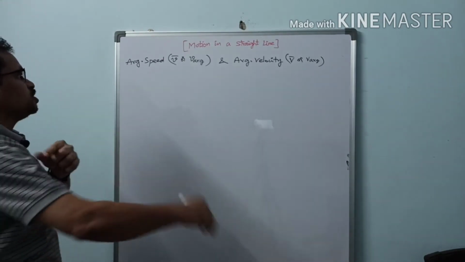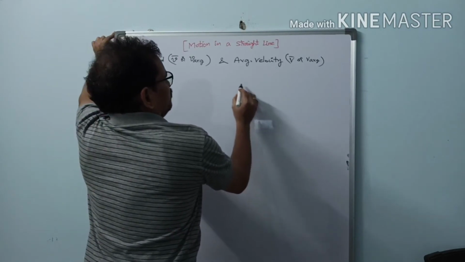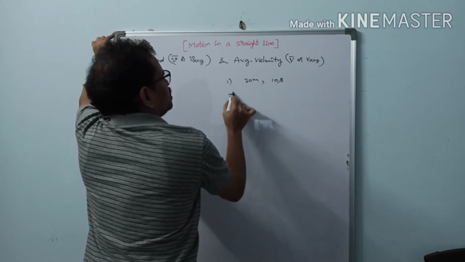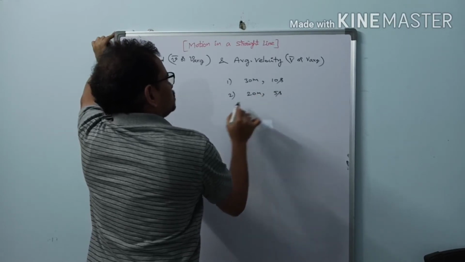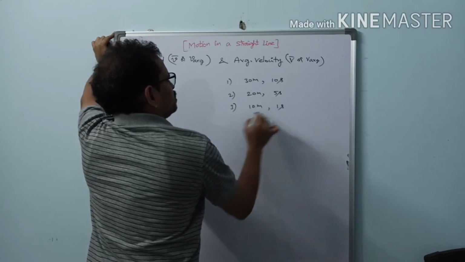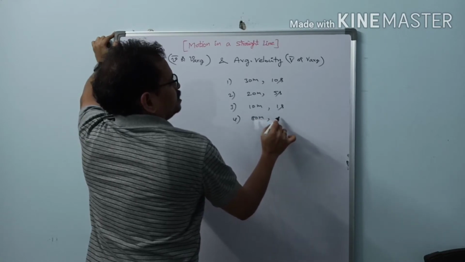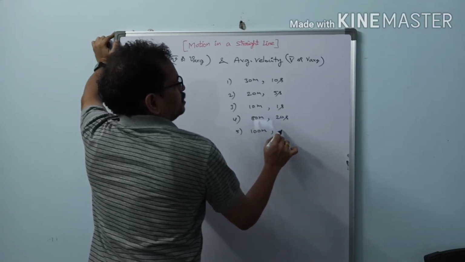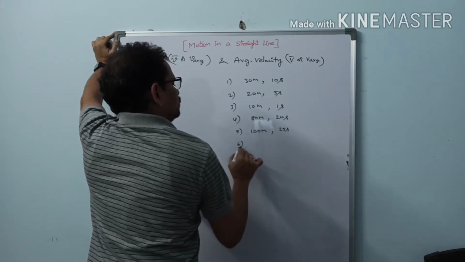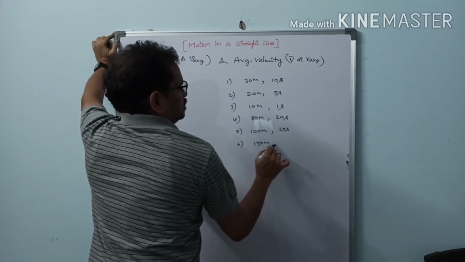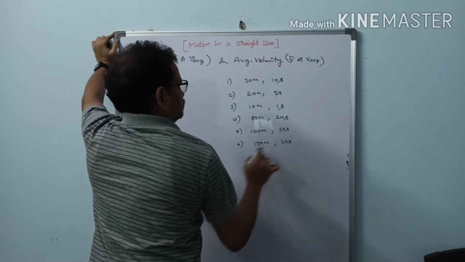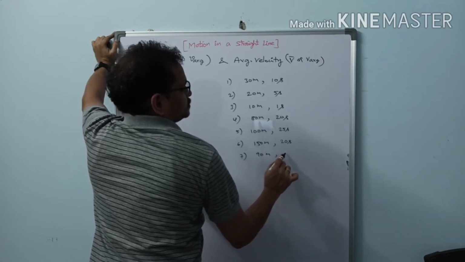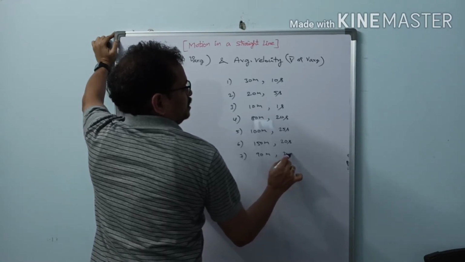So what do you think about average speed? If a particle covers a distance of 30 meters in 10 seconds, particle 2 covers 20 meters in 5 seconds, particle 3 covers 10 meters in 1 second, the fourth 80 meters in 20 seconds, the fifth one 100 meters in 25 seconds, the sixth one 150 meters in 20 seconds, the seventh one 90 meters in 30 seconds, like this.